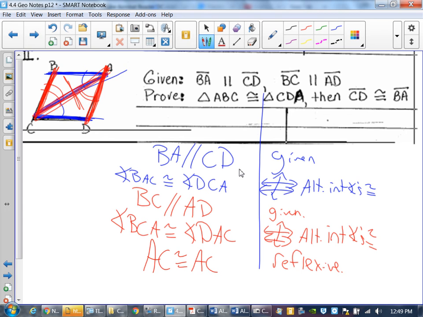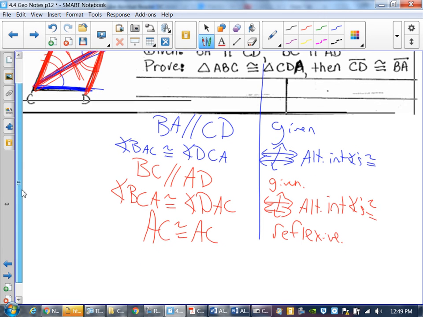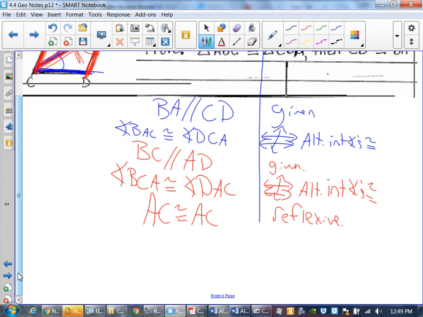Okay. You've got two triangles now that are congruent because you have two angles and the side between, otherwise known as ABC and CDA.